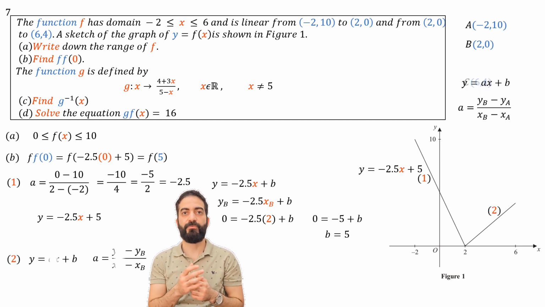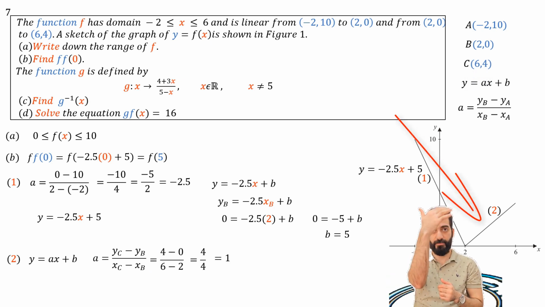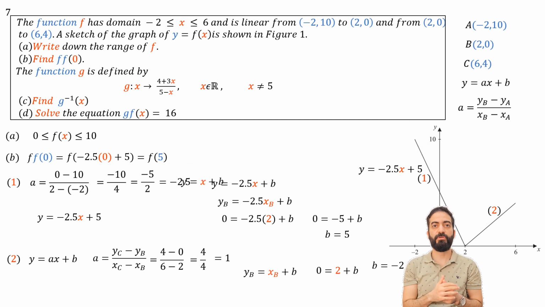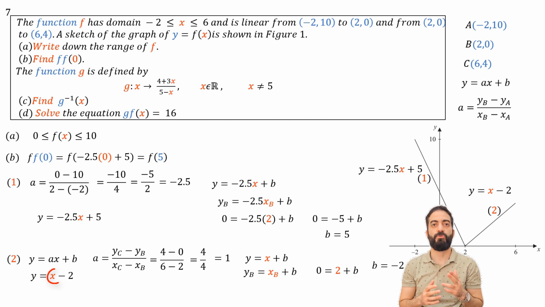We must first obtain the equation of this line. We can follow the same procedure that we followed before, and the equation of the line is y equals x minus 2. Now in place of x we put 5 to get the final answer, which is 3.